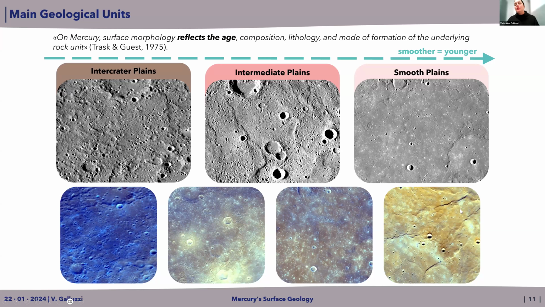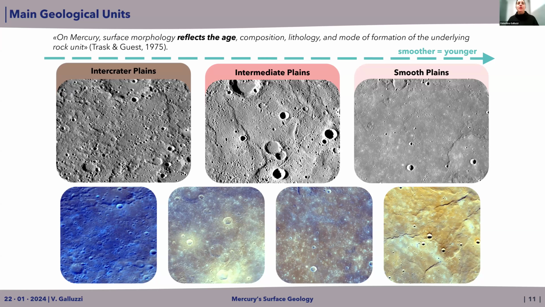Most of the smooth plains often have a yellow color, but we also have smooth plains with a brownish color. So it's important that when we talk about the geology of Mercury, we start from the morphology, but then we slowly move to the interpretation and integration of the colors to understand better the lithostratigraphic units that actually exist on Mercury.